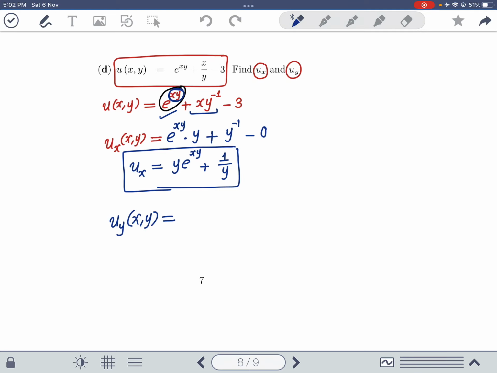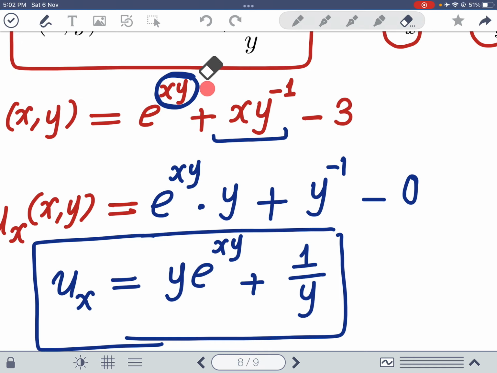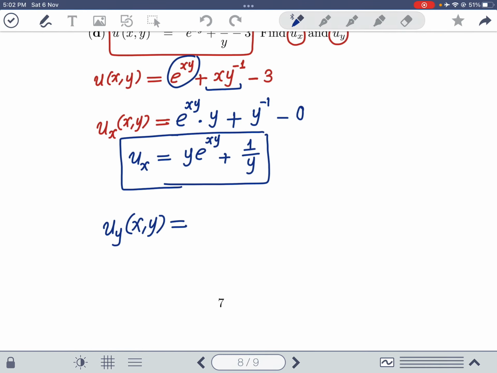Beautiful. Now, partial of u with respect to y. Let's do the same thing, but now think of y as the thing to take the derivative with respect to. So here, it's almost the same as what we did before. Exponential stays the same, but then you multiply by the derivative of this with respect to y. With respect to y, it's x plus.